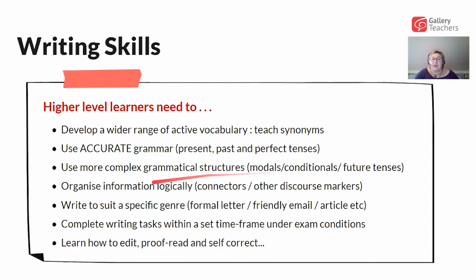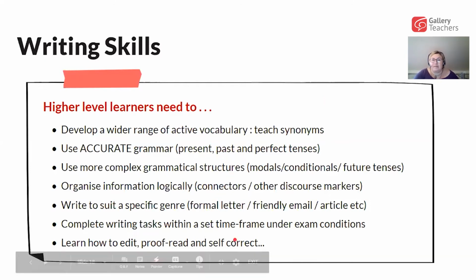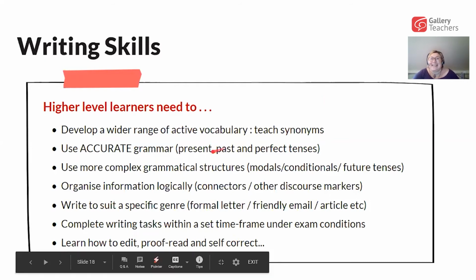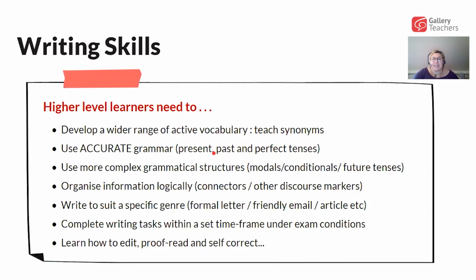So we want to be teaching them to proofread and self-correct, because very often if you underline mistakes in, for example, the present perfect or the past simple, they know that the past simple of see is saw or the past participle is seen. But sometimes when they're writing, their hand is just working faster than their brain. If we teach them to go back to proofread, to edit and correct, we can try to get them to work on their accuracy.